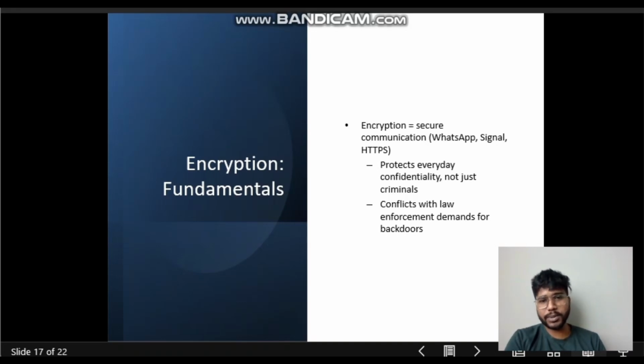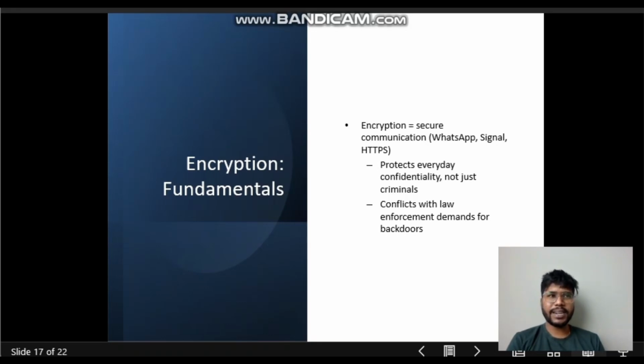The next part is encryption fundamentals. Let me talk about the fundamentals of encryption. Encryption is the bedrock of secure communication in our digital era. Whether you are sending a private text on WhatsApp or making online purchases, cryptographic protocols ensure that only the intended recipient can read your data. At its core, encryption embodies the principle of privacy by design, scrambling data so it's unreadable without the correct key.